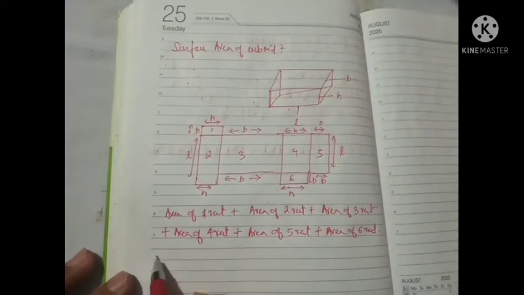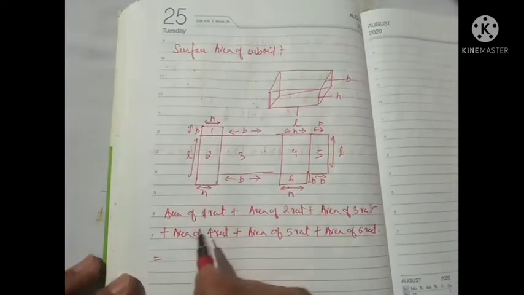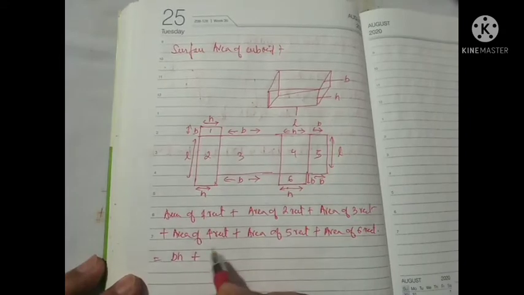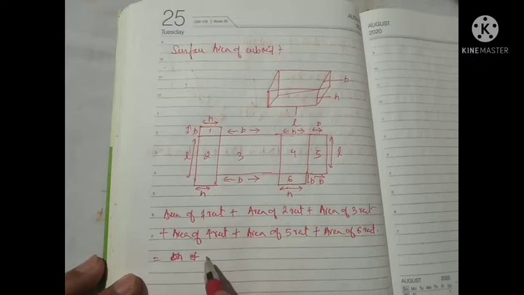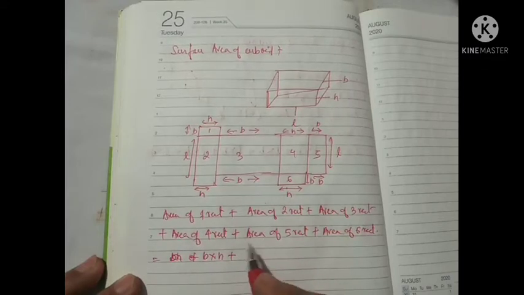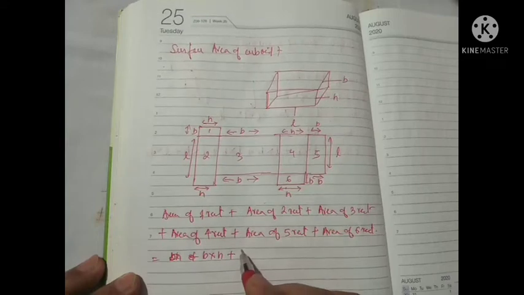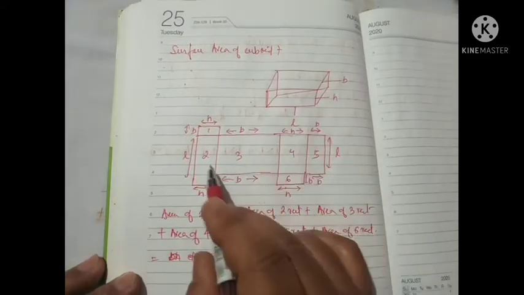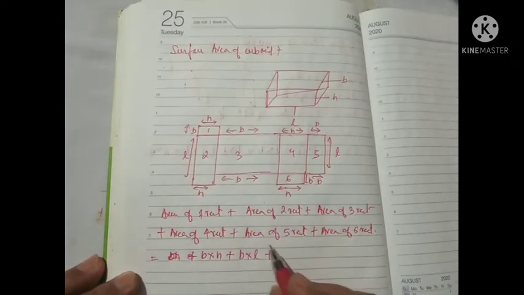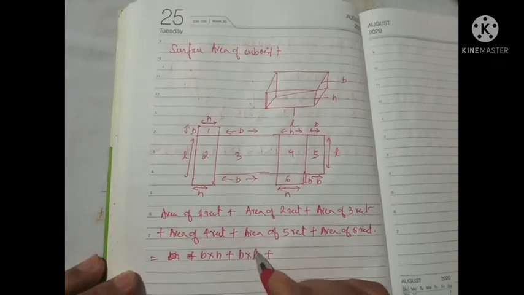Let's see here. What is the area of the first rectangle? Breadth into height, plus breadth into height, plus breadth into length, plus breadth into length, plus length into height.